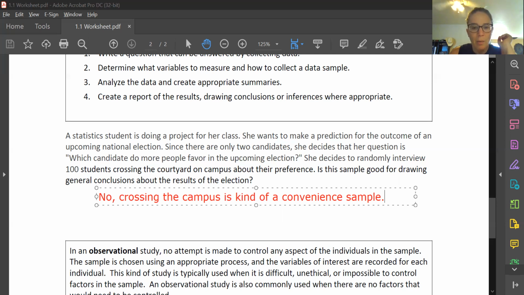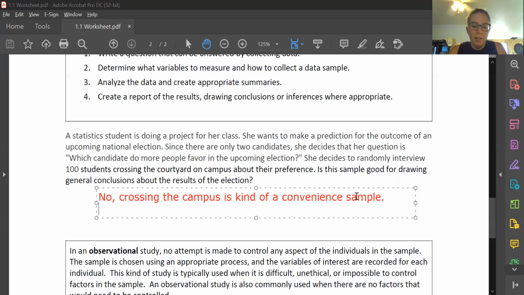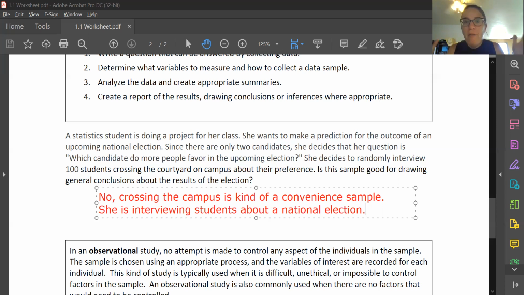But the bigger problem, the other reason, is she is interviewing students about a national election. Students, a small, tiny little sample of the whole nation.